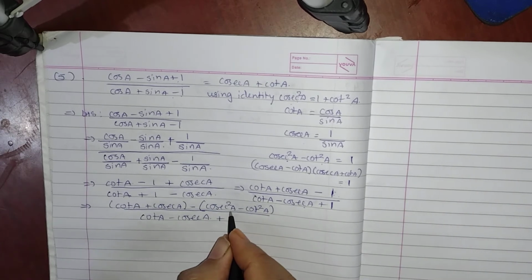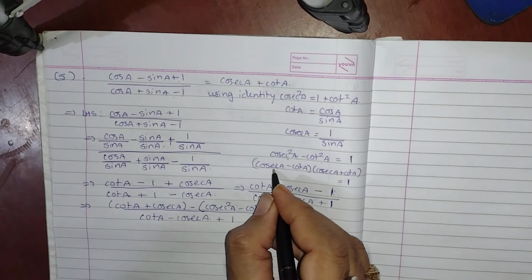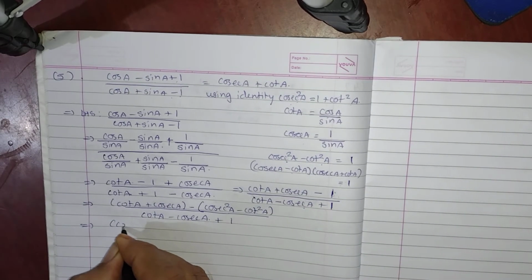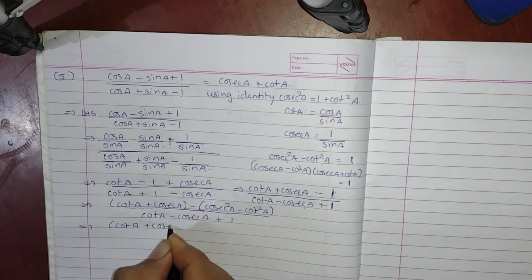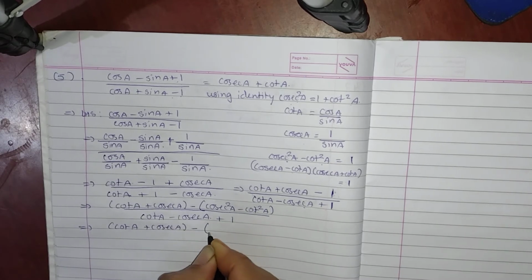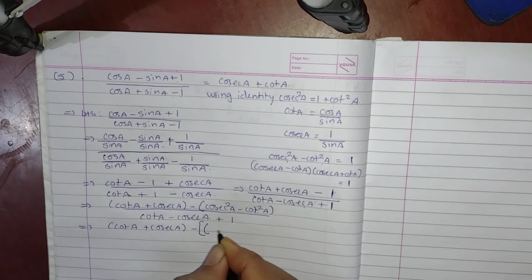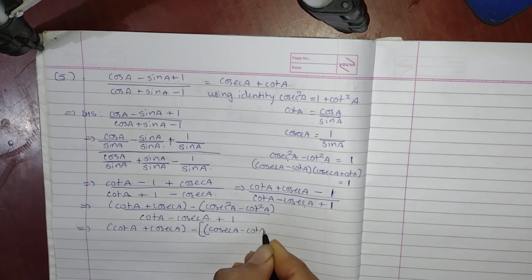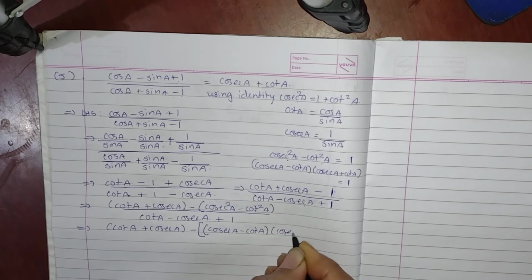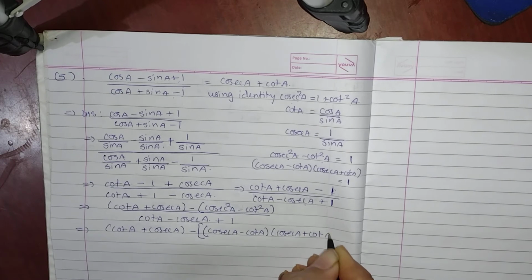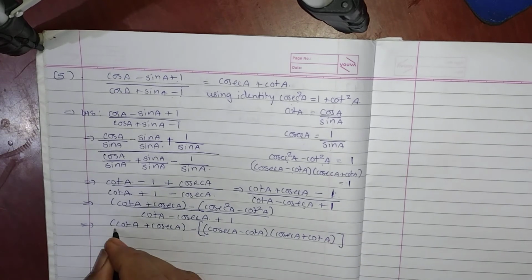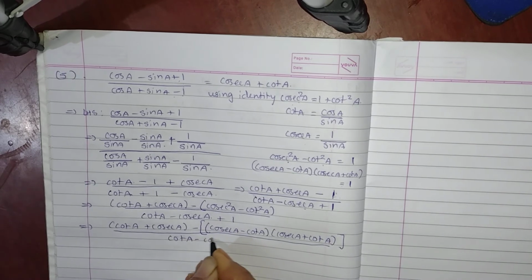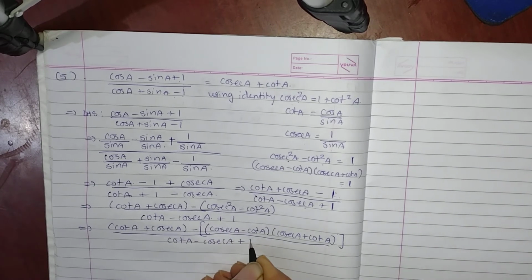Now cosec square A minus cot square A is (cosec A minus cot A) times (cosec A plus cot A). So we write cot A plus cosec A, minus, and in square bracket (cosec A minus cot A)(cosec A plus cot A), and in the denominator cot A minus cosec A plus 1.